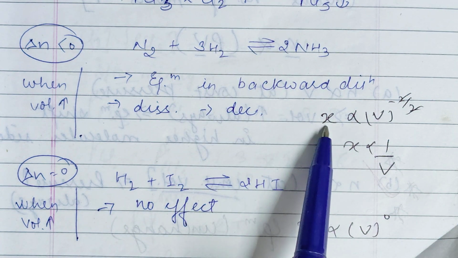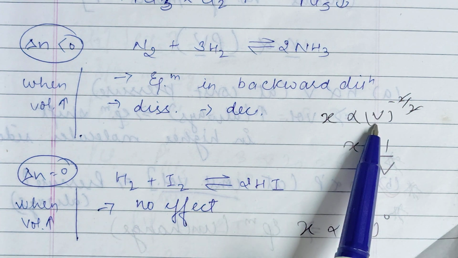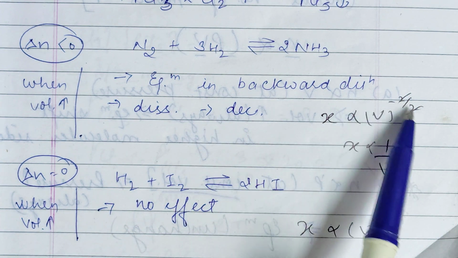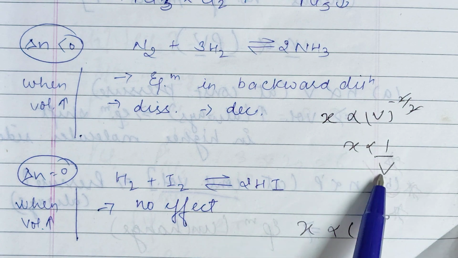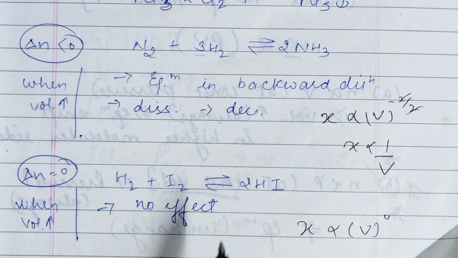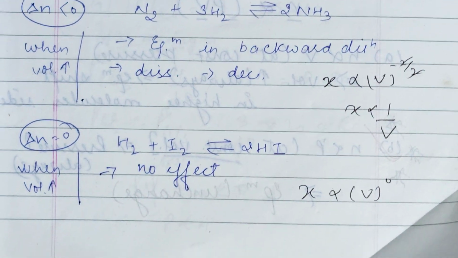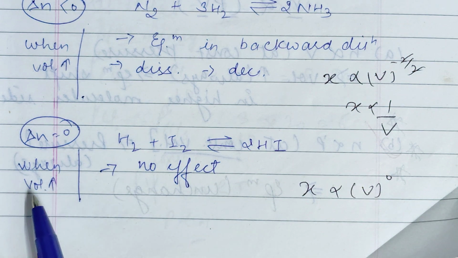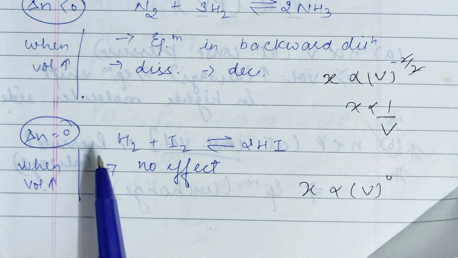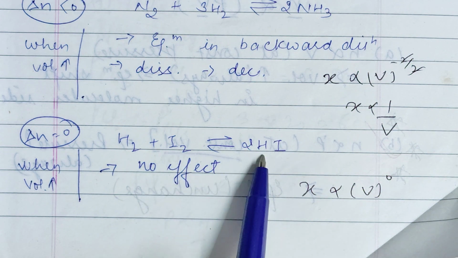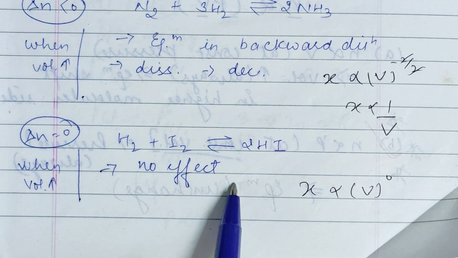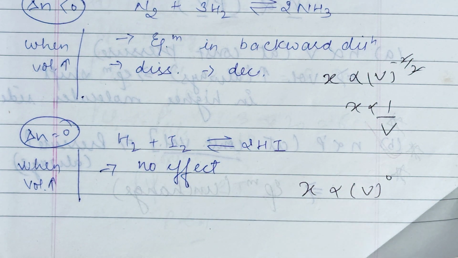So here X is proportional to V raised to the power minus 2 upon 2, that gives X proportional to 1 upon V. Next is delta n equal to 0. When volume increases, in H2 plus I2 gives 2HI, there is no effect. It means X is proportional to V raised to the power 0.